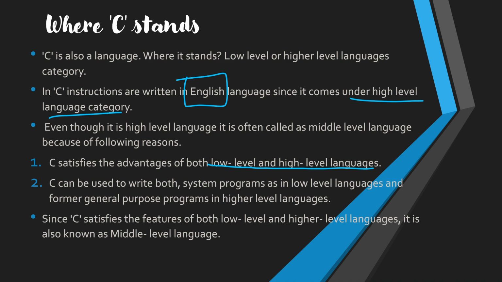Since C satisfies the features of both low-level and high-level languages, it is also known as a middle-level language. When I was saying about low-level language and high-level language, I told that there is another level, that is middle-level. It consists of both low-level and high-level features. So, C is a type of middle-level language.